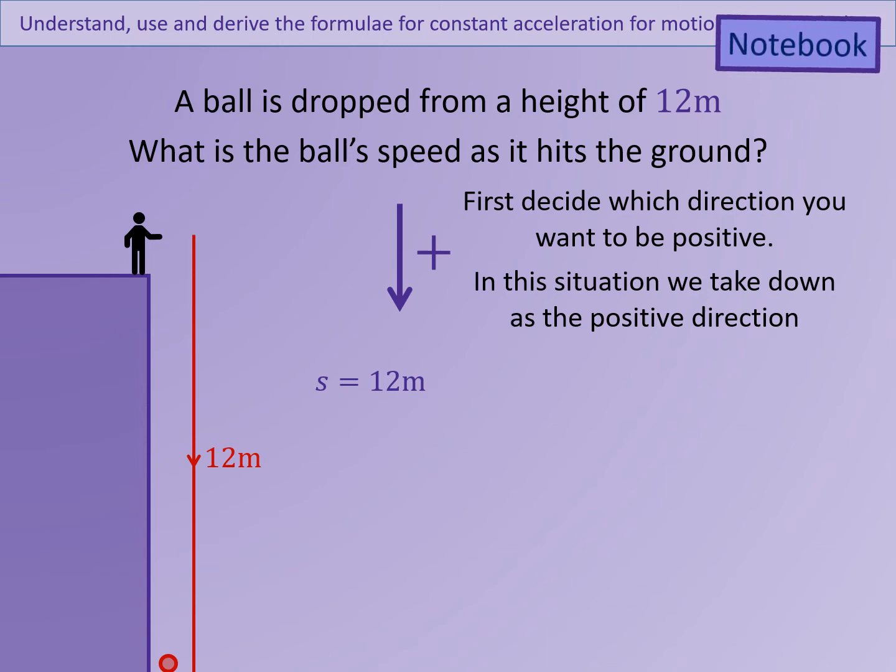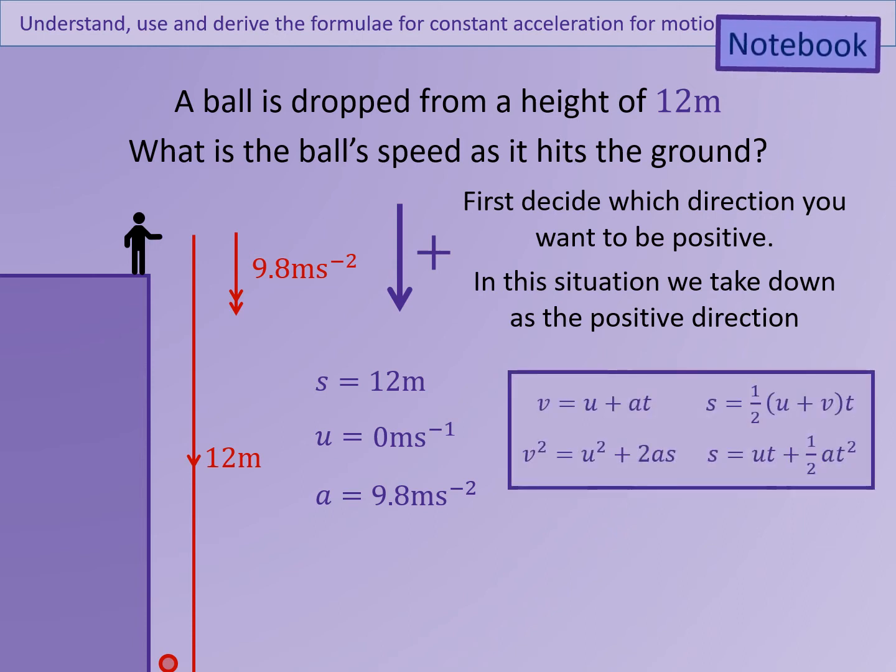This means that S will be 12 because it's travelling 12 meters in that direction. U will be 0. This is because the ball is initially not moving. A will be 9.8 meters per second squared. This is because it's accelerating due to gravity.